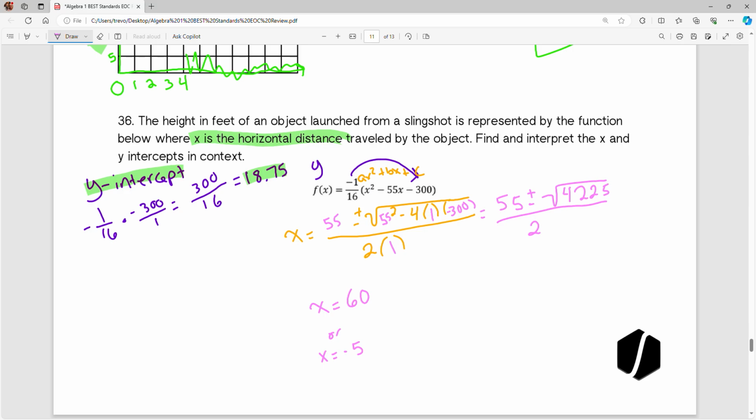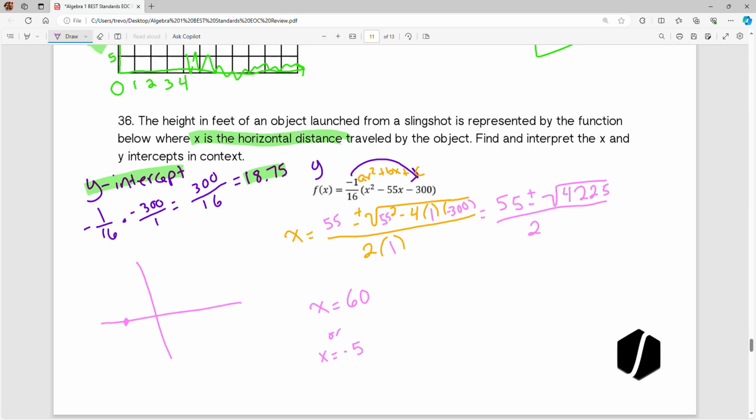And so I have my two values for x, for my x-intercepts of the graph, but we got to make it make sense, right? I highlighted up there in green, x is the horizontal distance traveled by an object, and I can't have my x be negative 5. It just doesn't make sense for that distance to be negative, right?